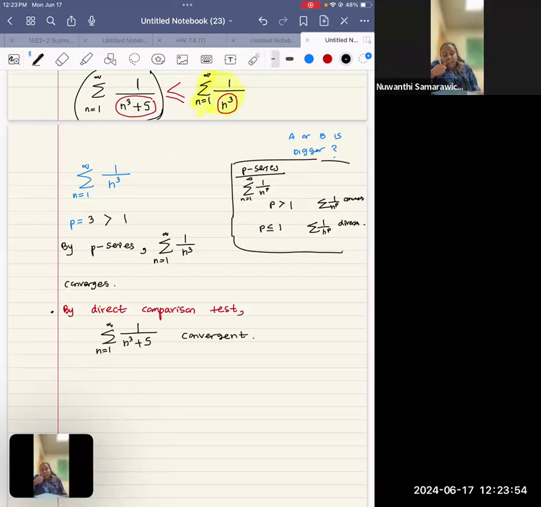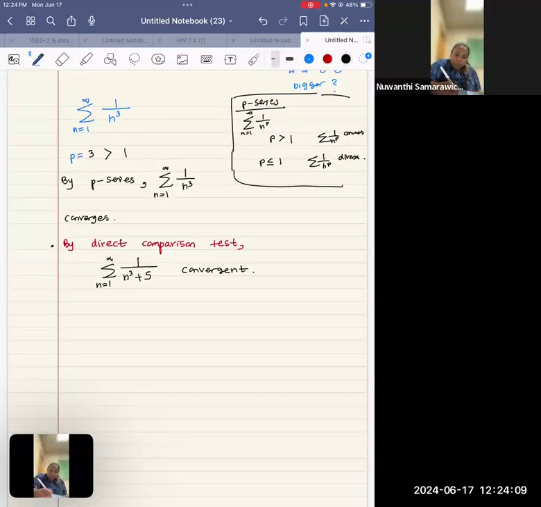When the bigger series is convergent, the smaller series is also convergent. Always remember that, and you will not forget that theorem.